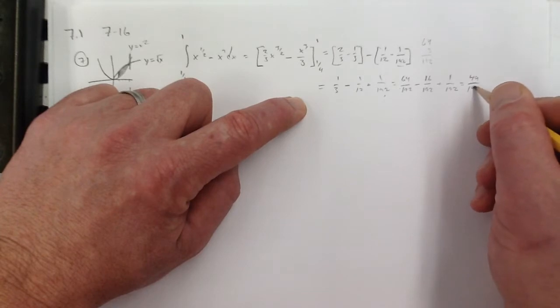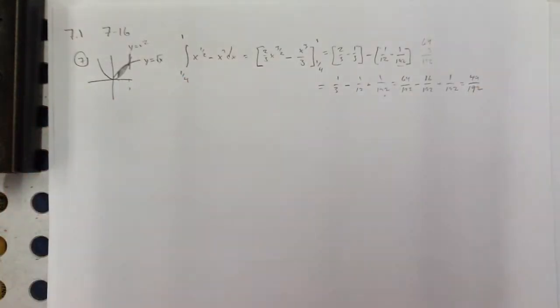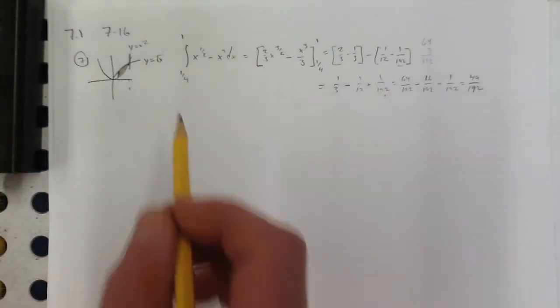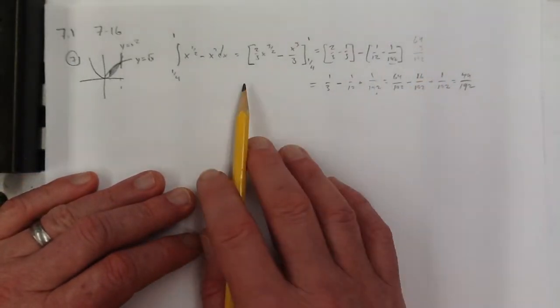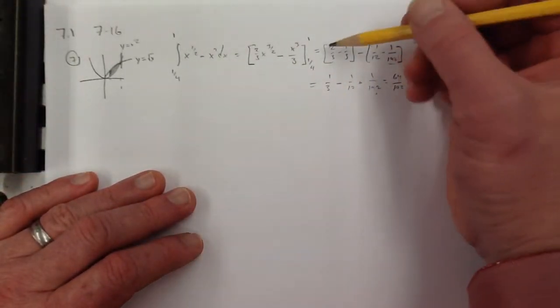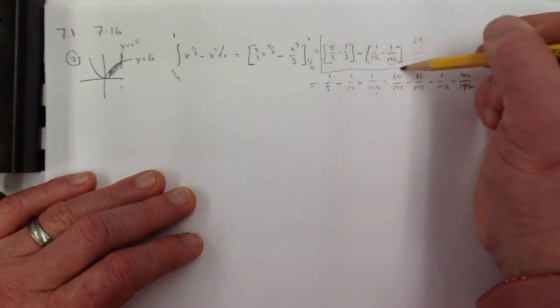Now, if you just got really stressed out about all that math that just happened, a couple things to say. First of all, this is a math class, although we do push symbols around an awful lot. Still need to be able to do math. Second of all, it's actually acceptable to leave your answer like this.